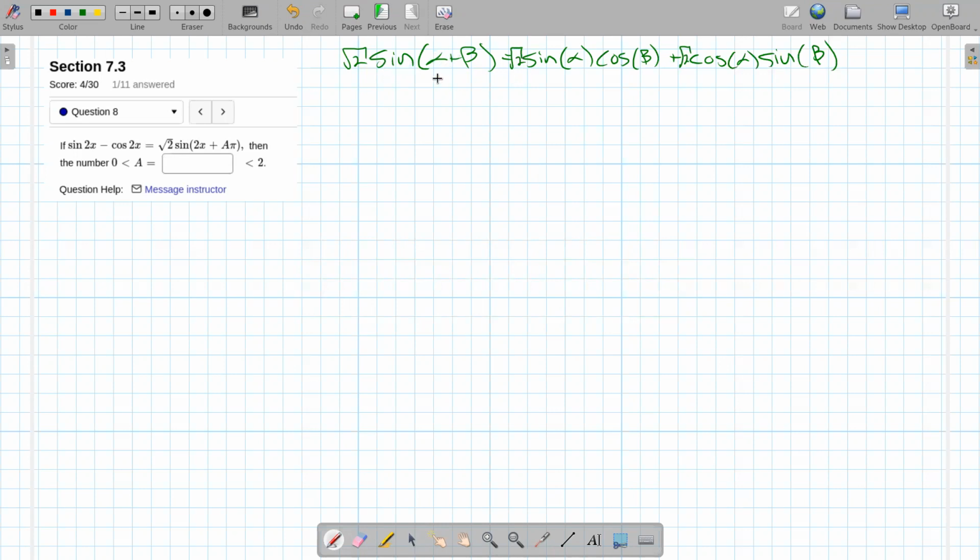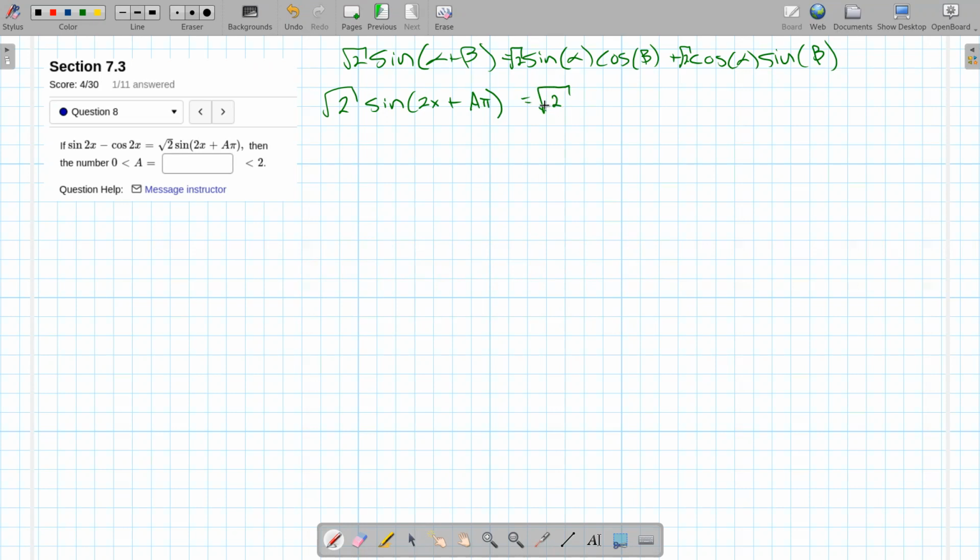And then they're calling the alpha 2x and the beta a pi. So I'm just comparing a formula I recognize to what I have here. So square root of 2 sine of 2x plus a pi. And then I'm going to replace the alpha and the beta over here too. Let's see if this helps.